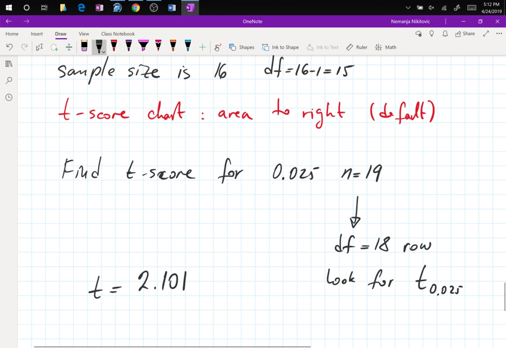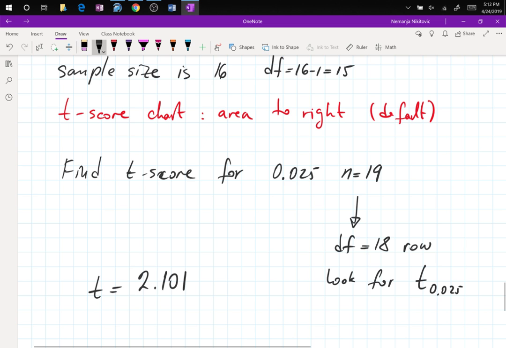Most likely not, right? Because it goes 30, 35, 40, 50, 60, right? So you do the best you can. You go to the closest you can. It's not as easy to get these. So you have all of the values listed up to 30, and then it jumps to 35.